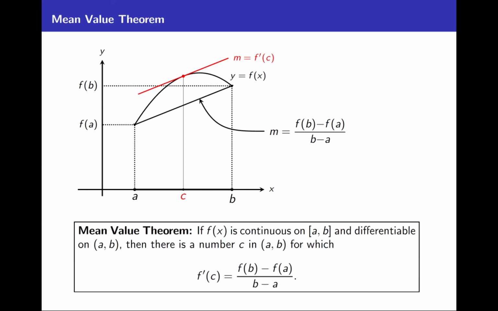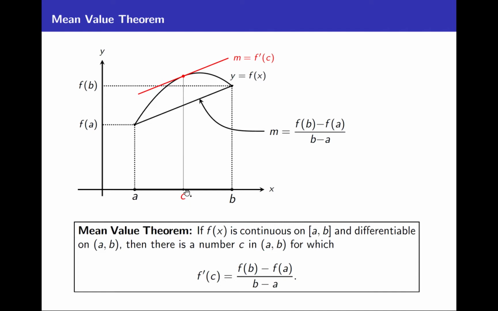In words, the mean value theorem is this. If f of x is continuous on a closed interval from a to b, as it is here, and differentiable on the open interval from a to b, then, the theorem asserts, there is a number c in the interval from a to b for which f prime of c equals f of b minus f of a over b minus a.